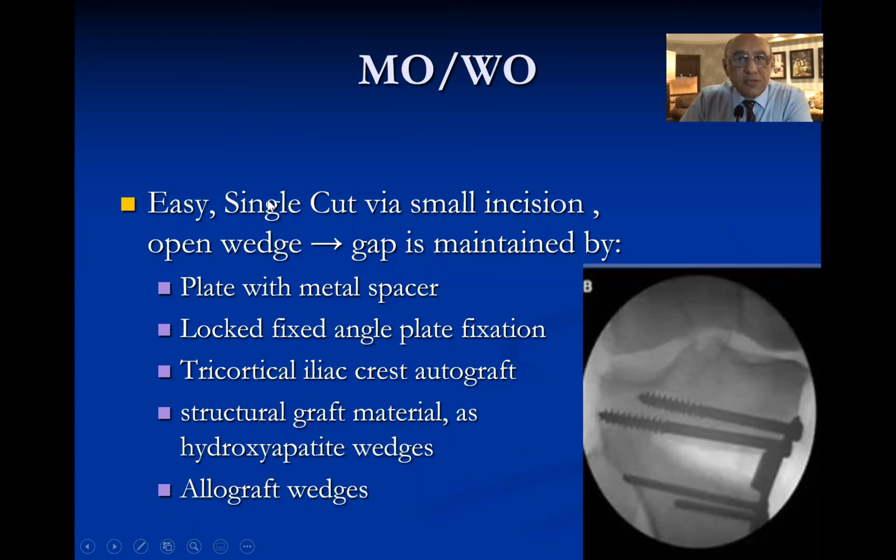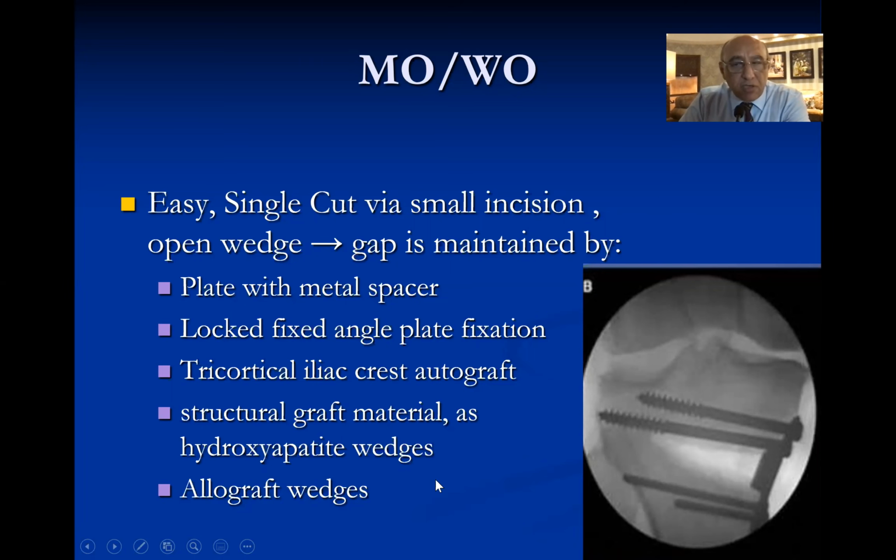So the medial opening wedge osteotomy is easy, a single cut via a small incision, and this produces a gap. This gap is maintained by a plate with a spacer, that's a metal block, or a locked plate with fixed angle locked screws, or by a tricortical iliac bone graft and cast, or structural graft material such as hydroxyapatite wedges, which lack structural strength, or by an allograft.